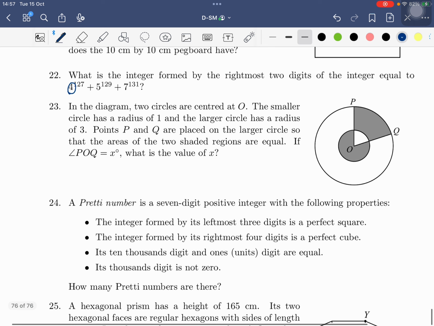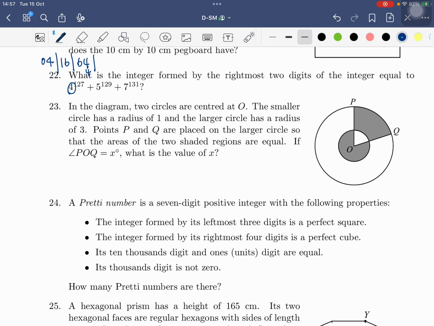So let's say 4 to the power of 1 is just 4. Let's say 04. And 16, 64, 4, what is that?